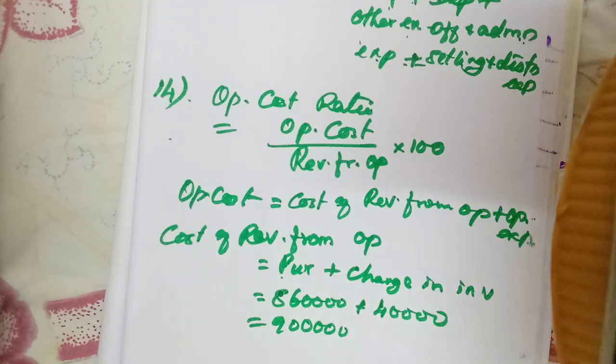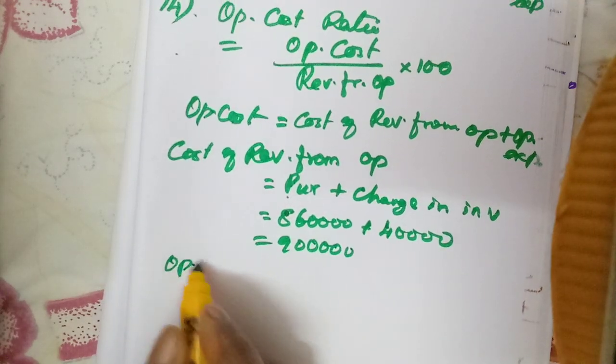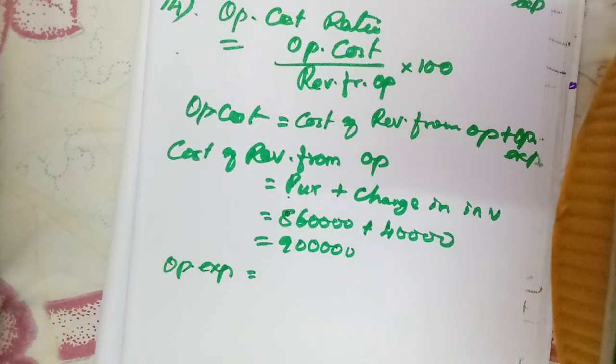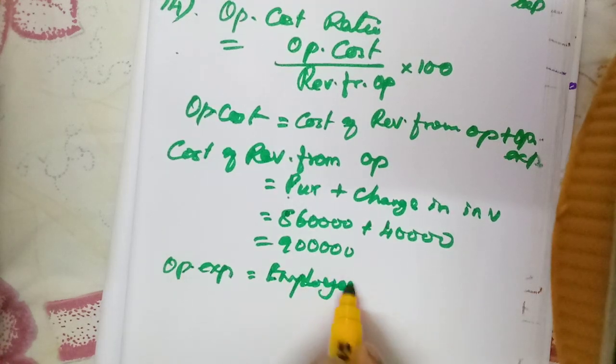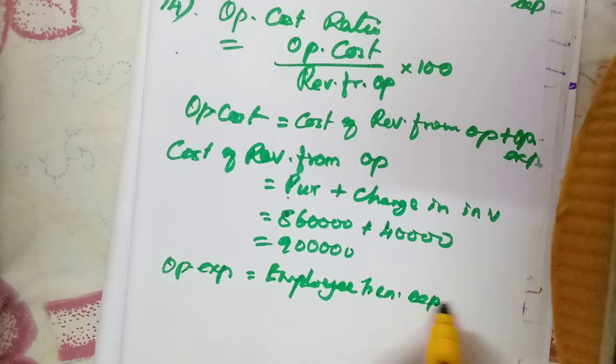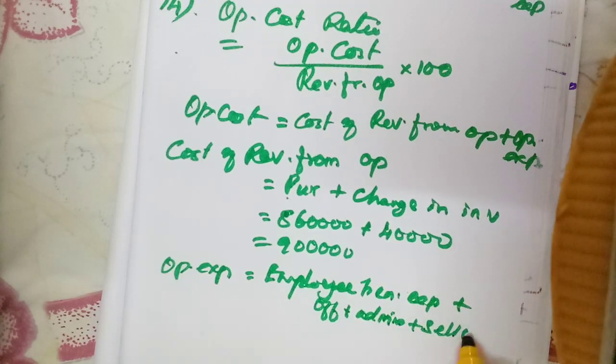That is the cost of revenue from operation. Then operating expense. What is operating expense? Here depreciation is not given, isn't it? Then employee benefit expenses plus other expense, that means office and administration and selling and distribution expense.